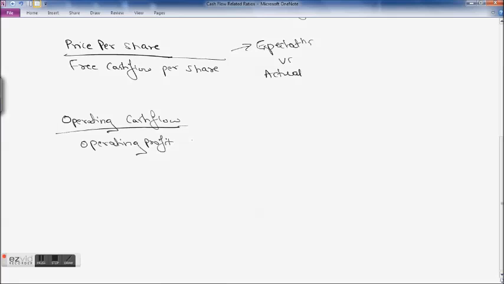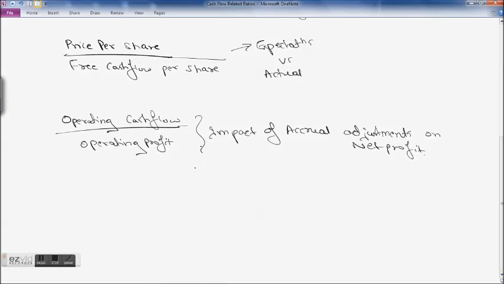So this ratio basically shows the impact of accrual adjustments on the net profit.